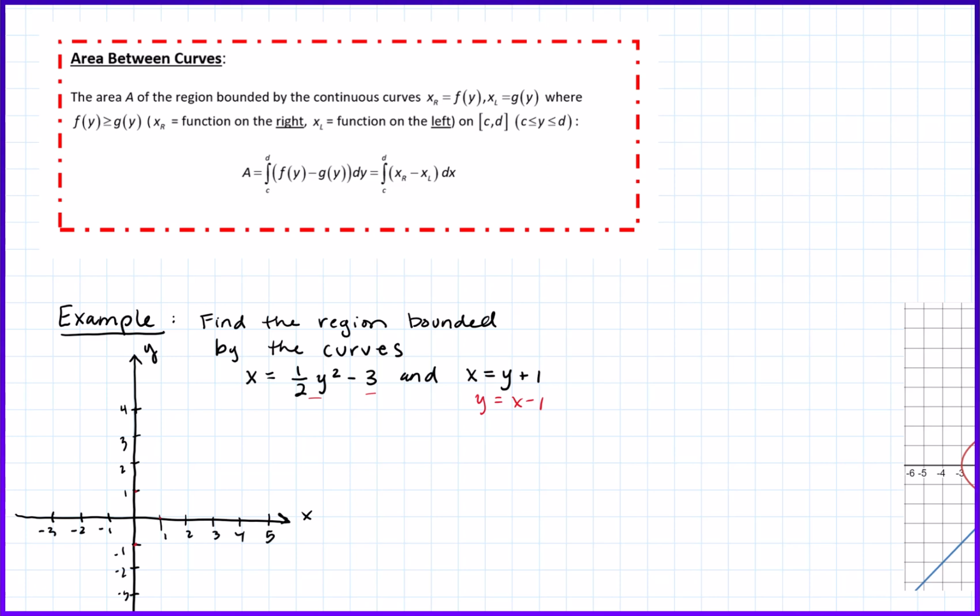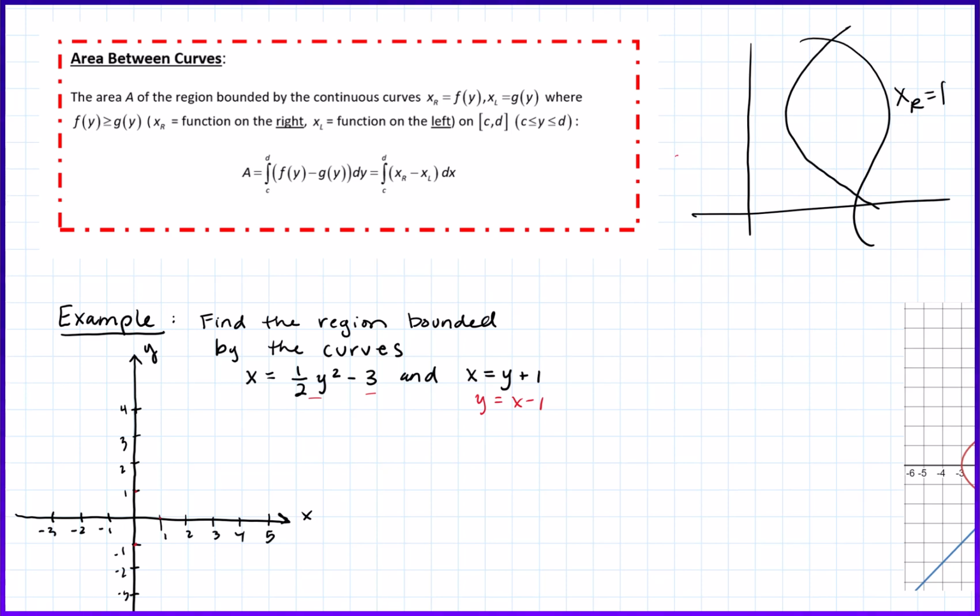If we're trying to find the area between two curves, I don't have the picture anymore, but when we've got two curves, we're talking about x sub r equals f of y, and x sub L equals g of y.